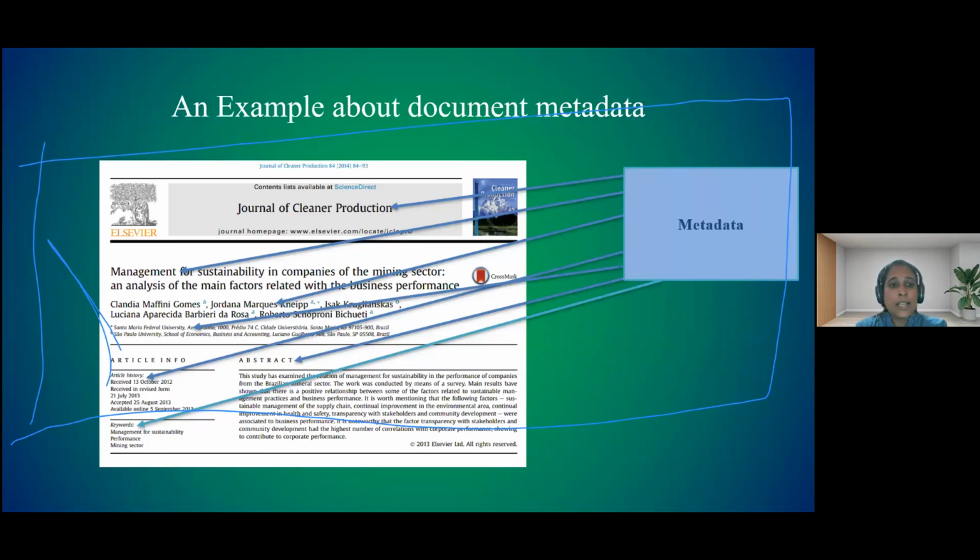Then you can see these are the content examples of document metadata: the journal name, topic title, authors, publication dates, keywords, abstracts. These all we call metadata.